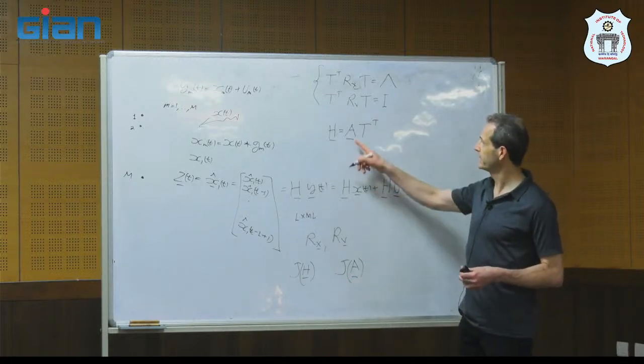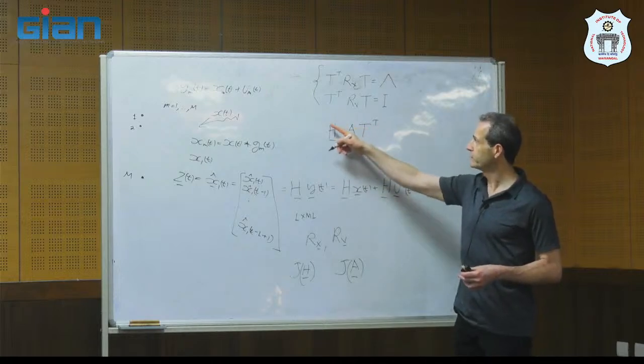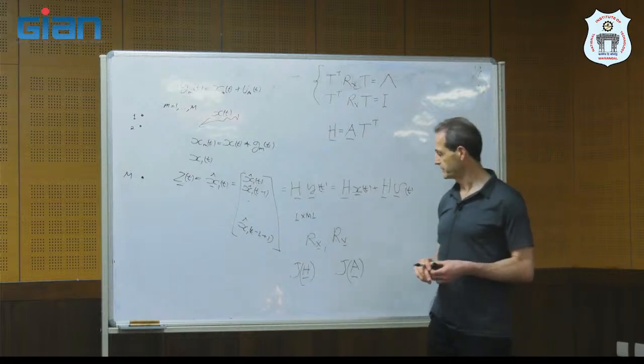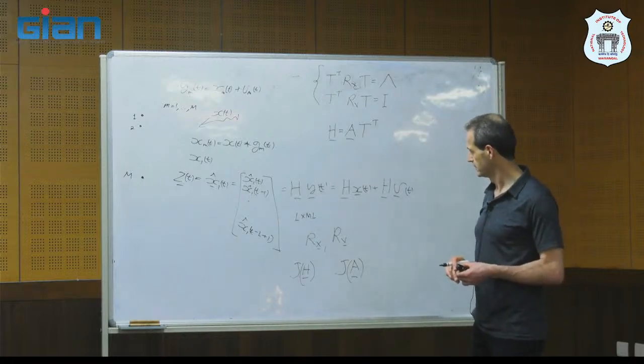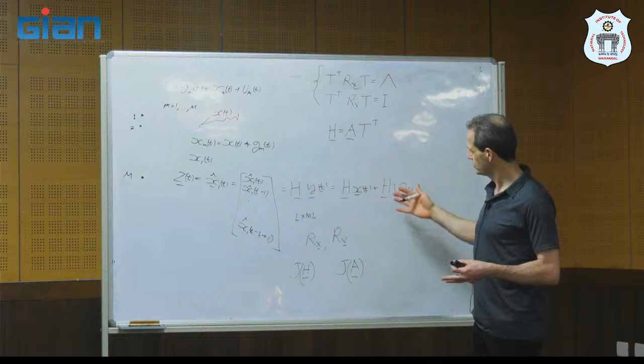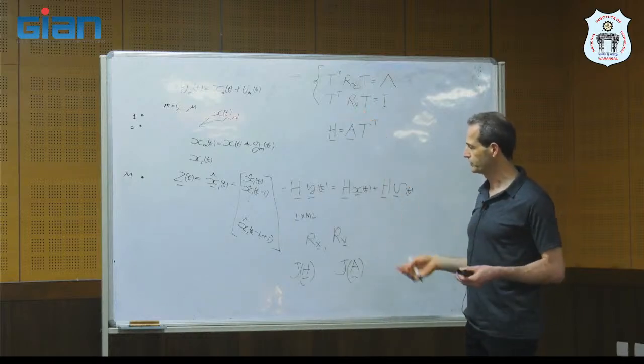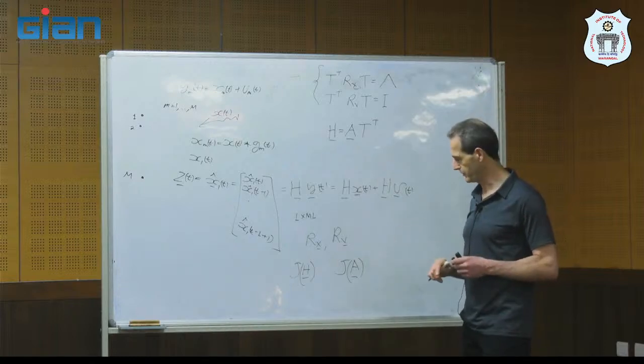Then we multiply it with T transpose, and we get the Wiener filtering matrix. And it's also easier to work with, as we will see, to find the MVDR and other methods.